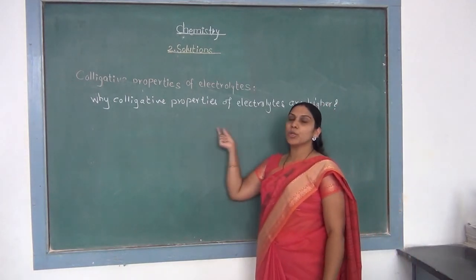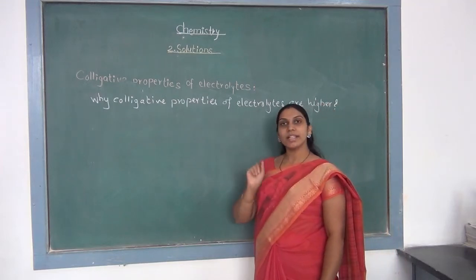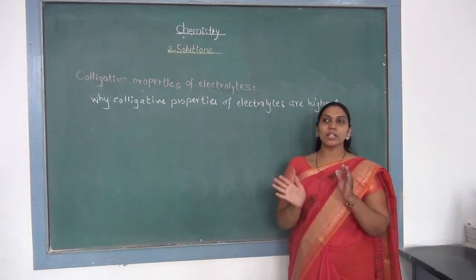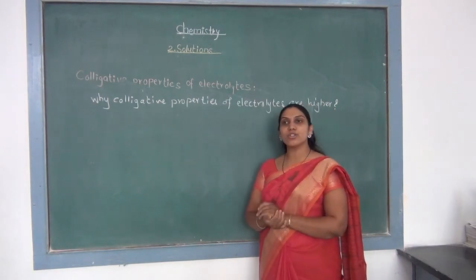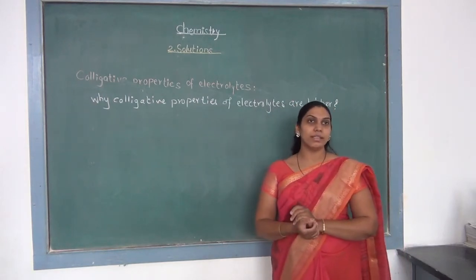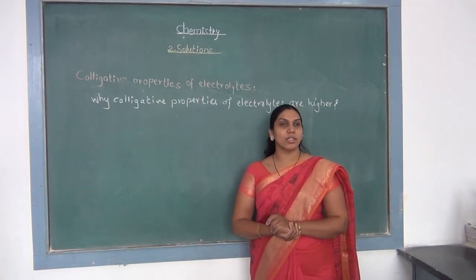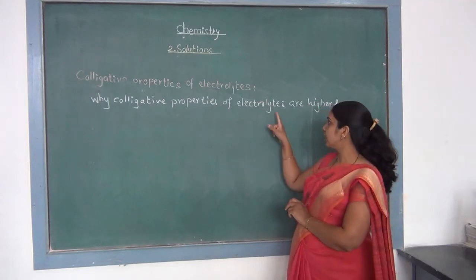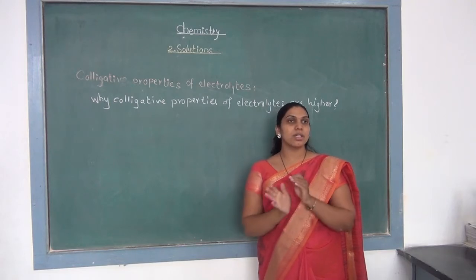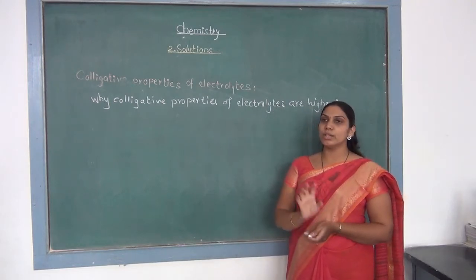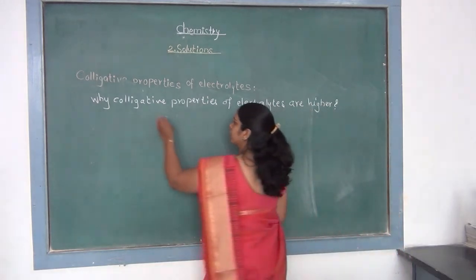Why are the colligative properties of electrolytes higher? Consider an electrolyte which is dissolved in a particular solvent to form a solution. According to the definition of electrolytes, we saw that when a substance undergoes dissociation in its solution, it is called an electrolyte. So when an electrolytic substance is dissolved in a solvent to form a solution, the electrolyte undergoes dissociation.